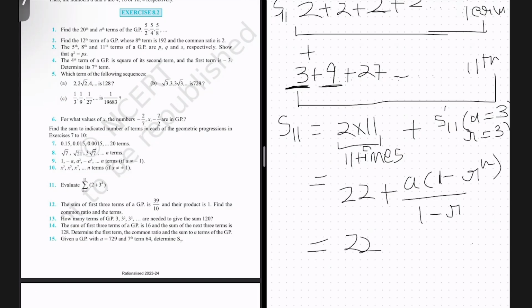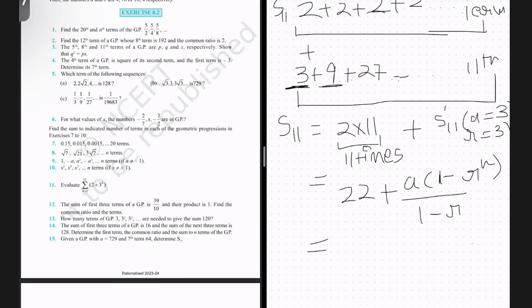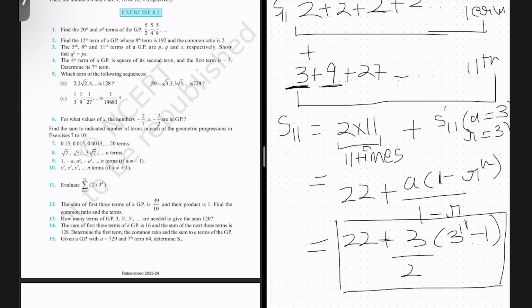So finally, I'm going to write this as 22 plus the first term, which has been given to us as 3, and I have R minus 1 here. I have 2 in the denominator, and in the numerator the common ratio is also equal to 3, and we need to find up until the 11th term. So 3 raised to the power 11 minus 1, and that is going to be your final answer, right?